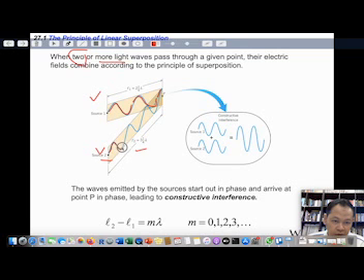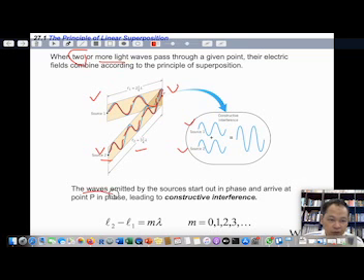So this is 1, this is 2, this is 3, and the last one is 1/4. So you have source 1 and the second one like this, and you see here they have constructive interference because this is addition.